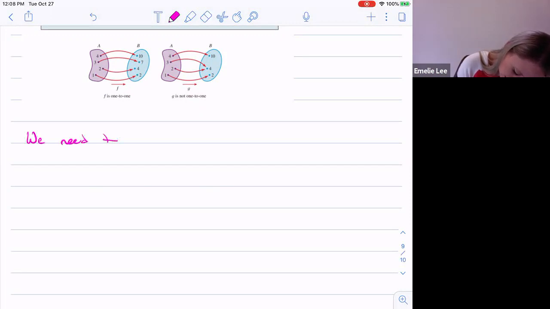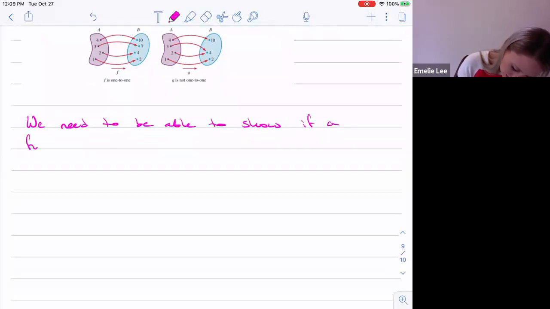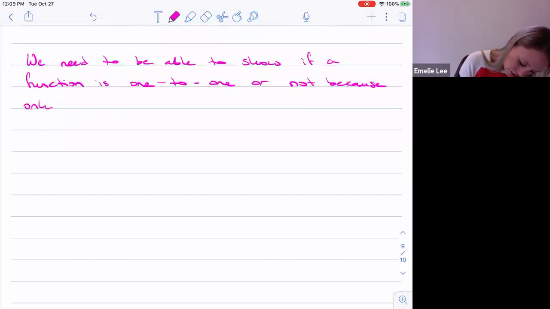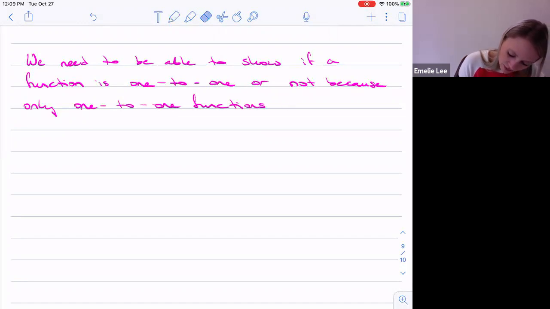We need to be able to show if a function is one-to-one or not, because only one-to-one functions have an inverse.